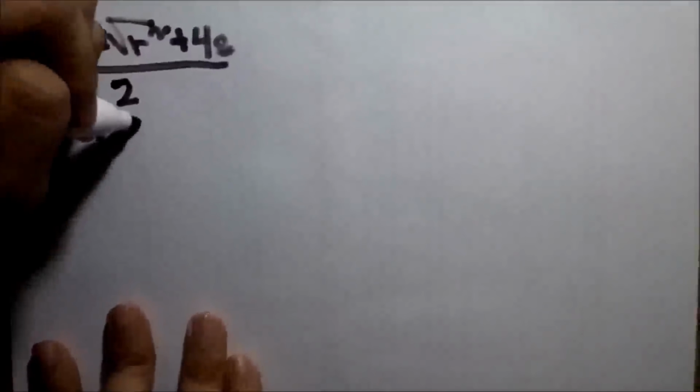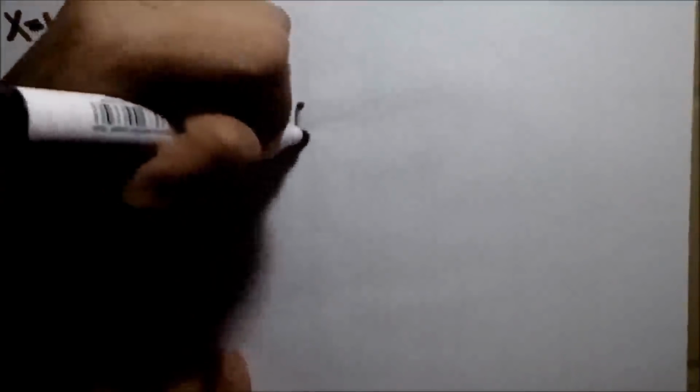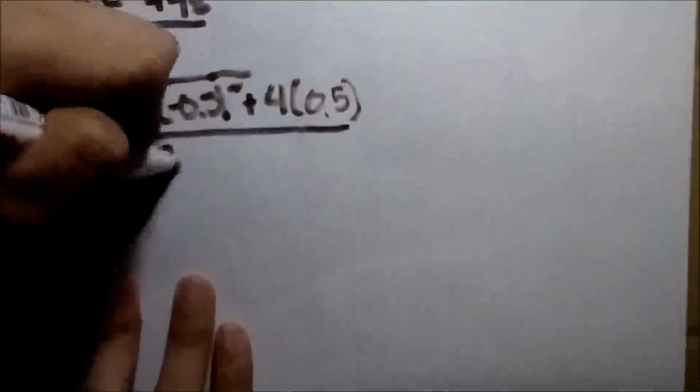Negative 0.5 plus or minus the square root of negative 0.5 squared plus 4 times 0.5, over 2. The remaining two roots will be 0.5 and 1.